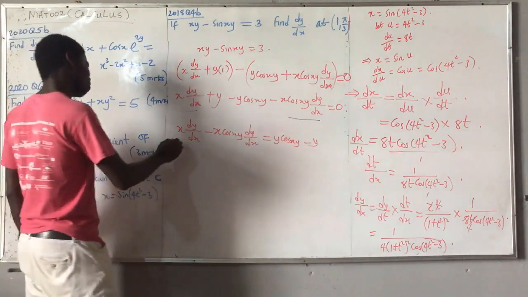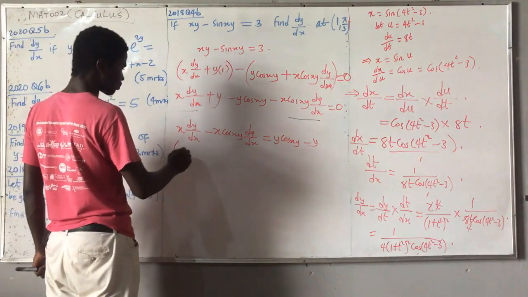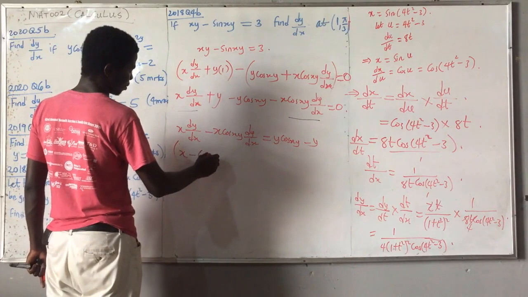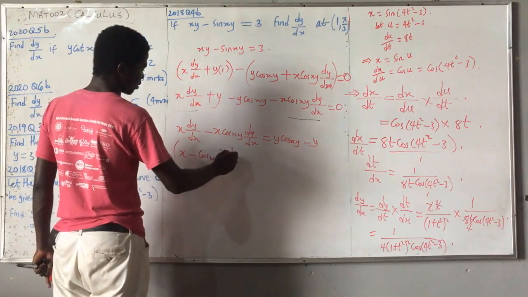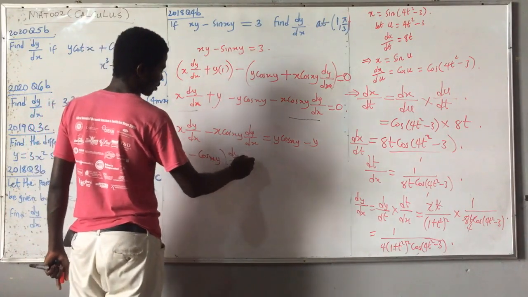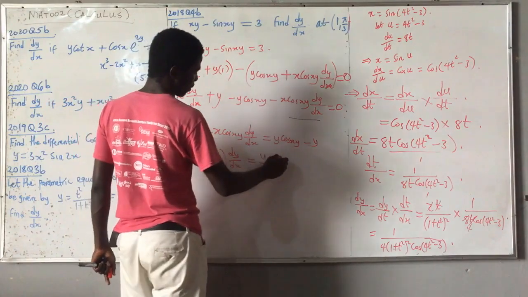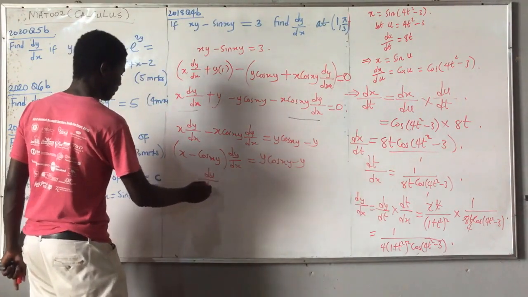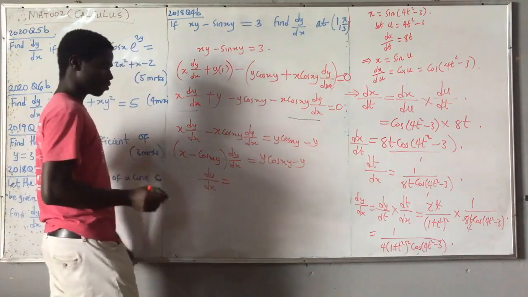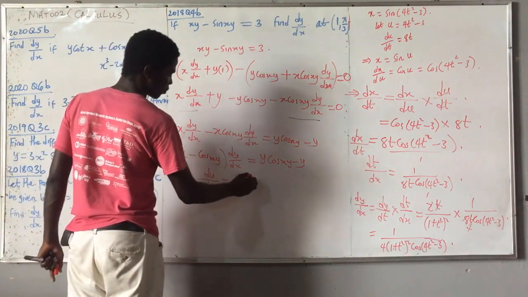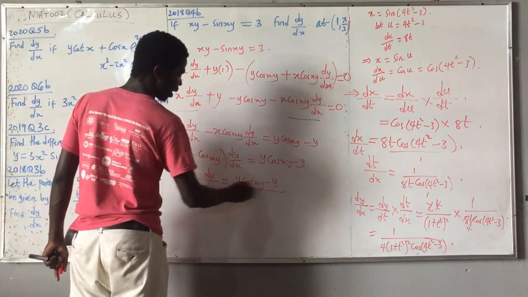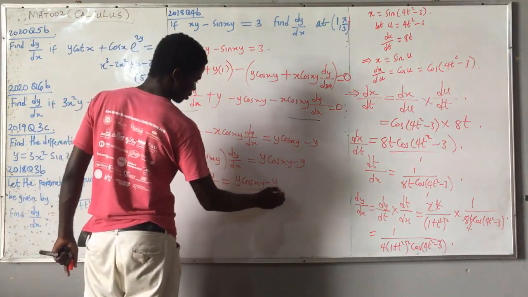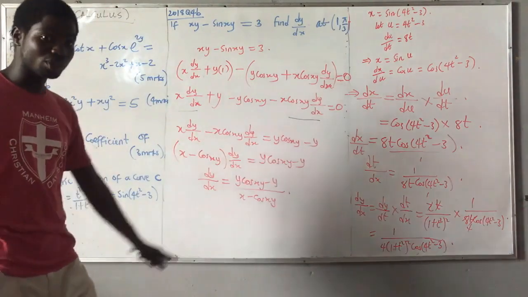Factorize the dy/dx, this one will become x minus cos xy, dy/dx is equal to y cos xy minus y. So the dy/dx will be equal to y cos xy minus y all over x minus cos xy. That is the answer we are going to have.